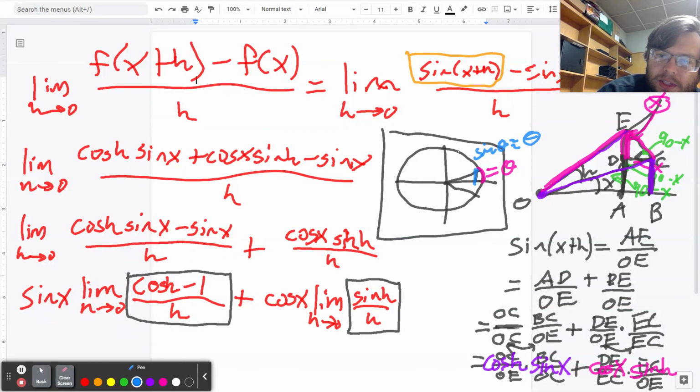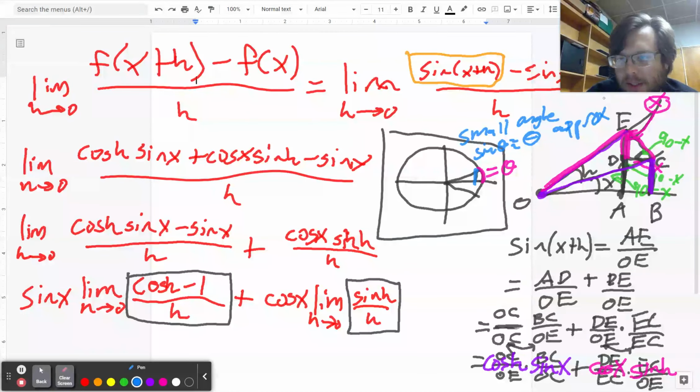You might see this sometimes referred to as small angle approximation. So for a small angle, theta is equal to sine of theta because the arc length is just about the same as the height of the triangle. And I'm allowed to do that because I'm looking at the limit as h approaches 0.